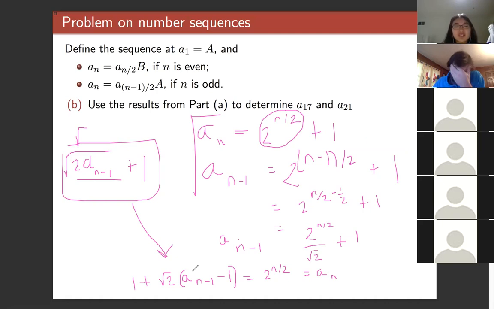You're right about what you just said, but I think that a1 is the square root of 2 plus 1, and a2, according to this formula here, would be the square root of 2 times the square root of 2 plus 1, plus 1.